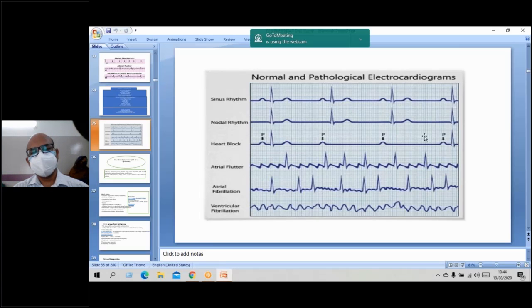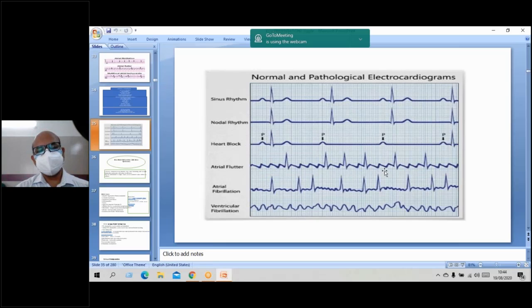There are P waves, which indicate the atria contract separately, and the ventricle separately. For that reason, SA nodal activity is 60 to 90, but AV node or ventricular activity is 40 to 60. So this patient has heart block.